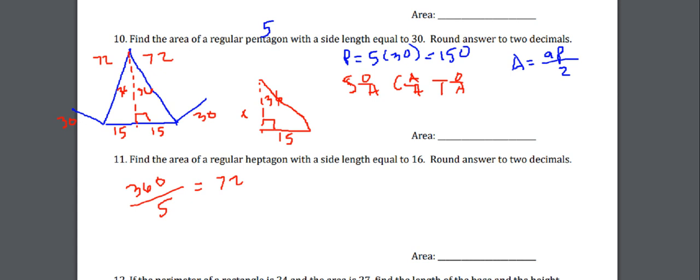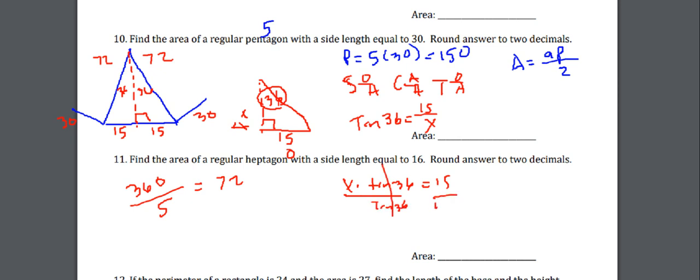Our SOHCAHTOA is saying that this is a circled angle, this is opposite, this is adjacent, which means that we are trying to solve for the tangent. So the tangent of 36 equals opposite 15 over x. I times both sides by x, and I get x times the tangent of 36 equals 15. And then we divide both sides by the tangent of 36.